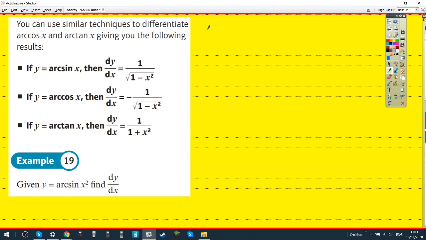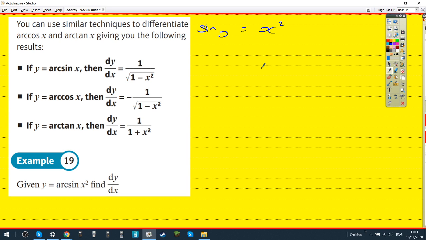Sine both sides. So if I sine both sides, that'll be sine y equals x squared, and then dx over dy is equal to cos y.